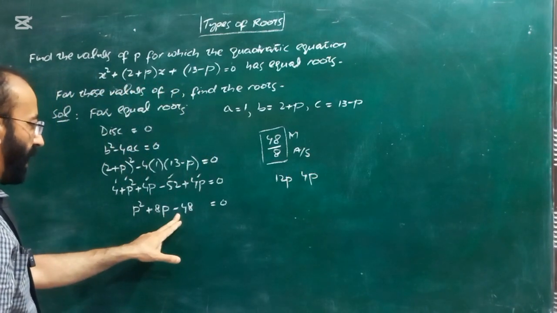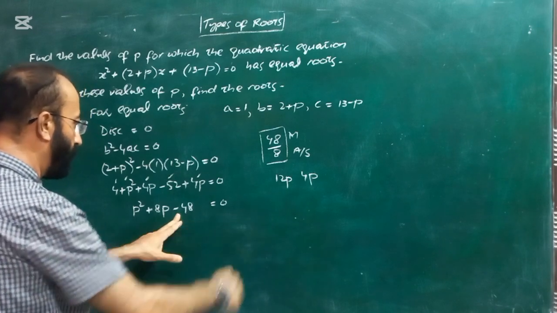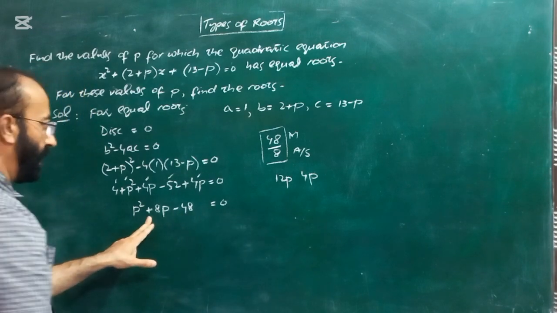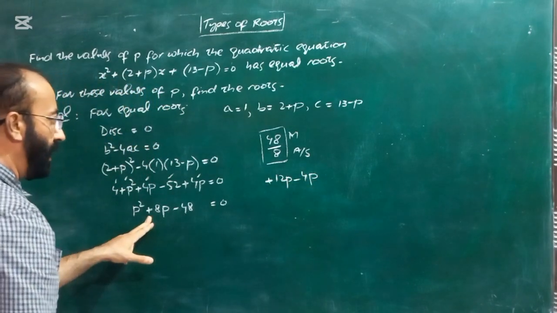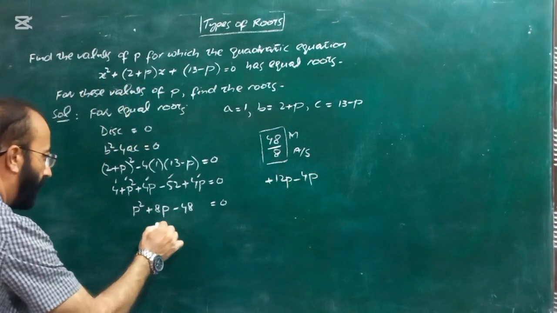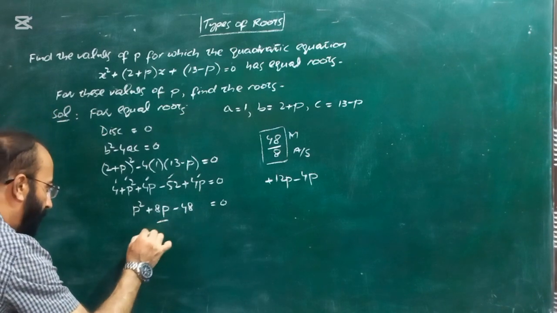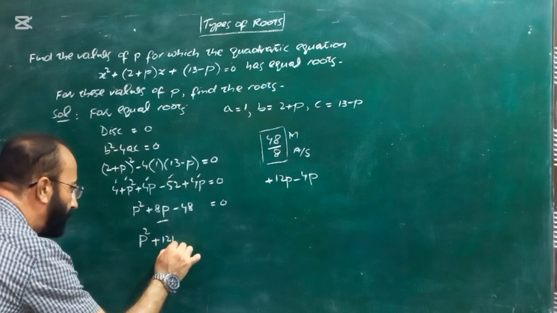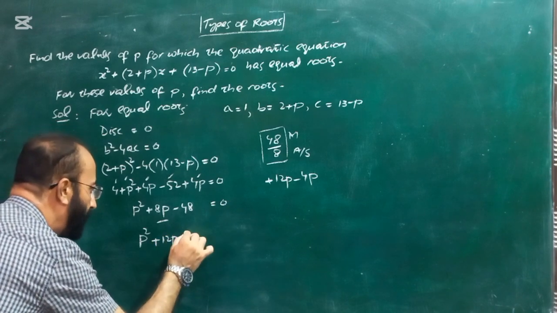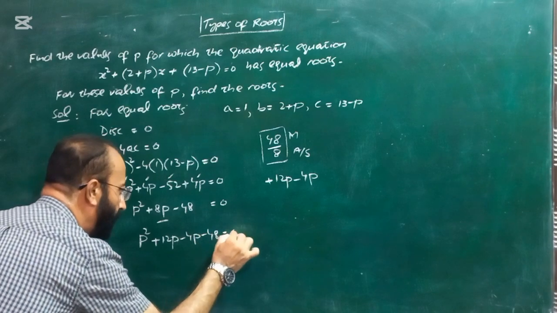This sign is minus, so the two values will have opposite signs, and this sign is showing that the plus will be placed with the greater value and the opposite with the lesser value. So p square plus 12p minus 4p minus 48 equal to 0.